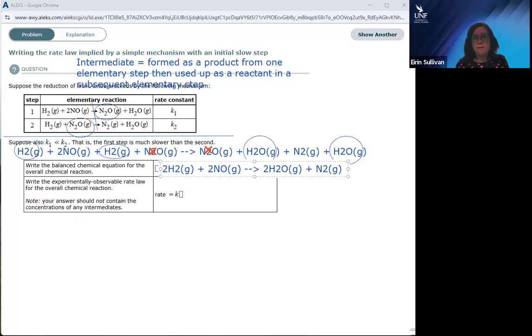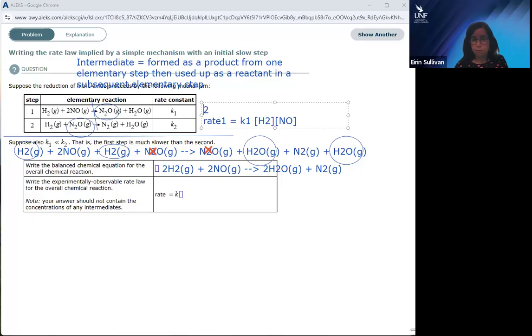So write the experimentally observable rate law. So you can write a rate law for each step, right? Rate for step 1 is going to be k1, and then based on the reactants, it'll be H2 to the power of 1 because it's first order in H2, and then it'll be NO, and then that'll be to the power of 2 because there are 2 nitrogen monoxides in the balanced chemical equation.